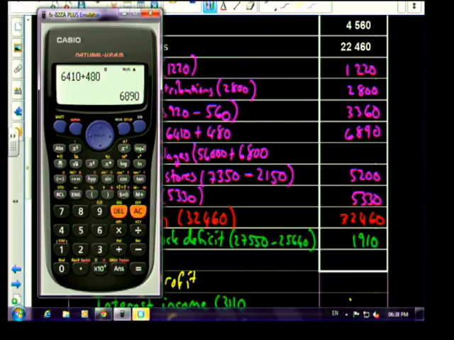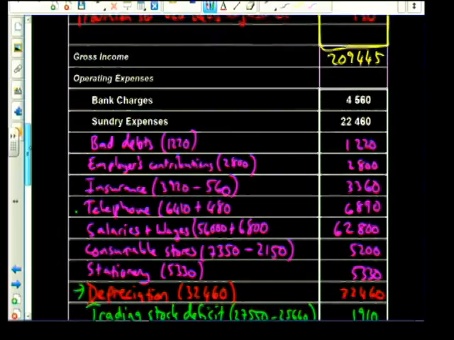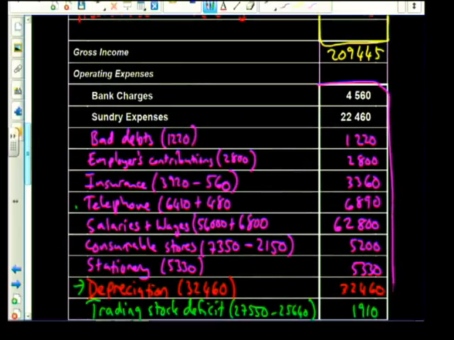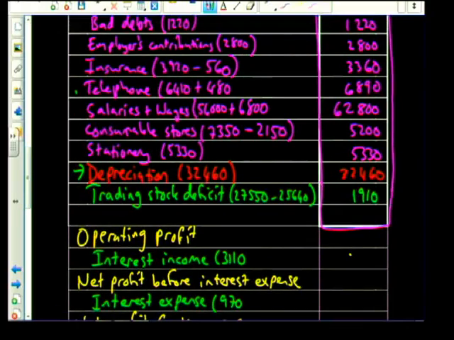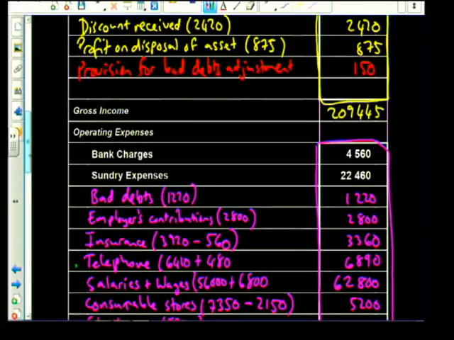And then to calculate our salaries and wages, we're going to take 56,000 plus 6,800, which gives me the total salaries and wages of 62,800. Now what we still have to do is calculate the sum of all of these figures here. Everything in the box will give you our total operating expenses. Just to save some time, I'll check to see if you added them all up correctly. Your answer should have been 148,990, which I'll write here.